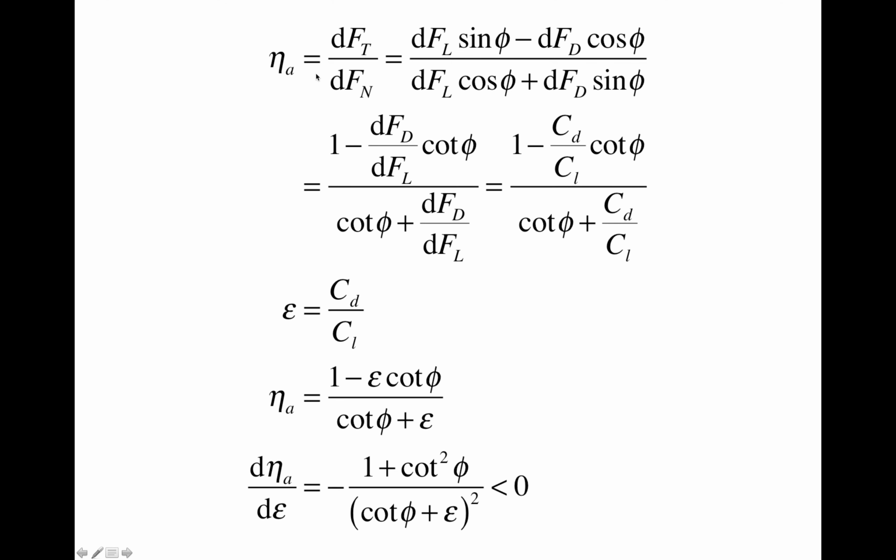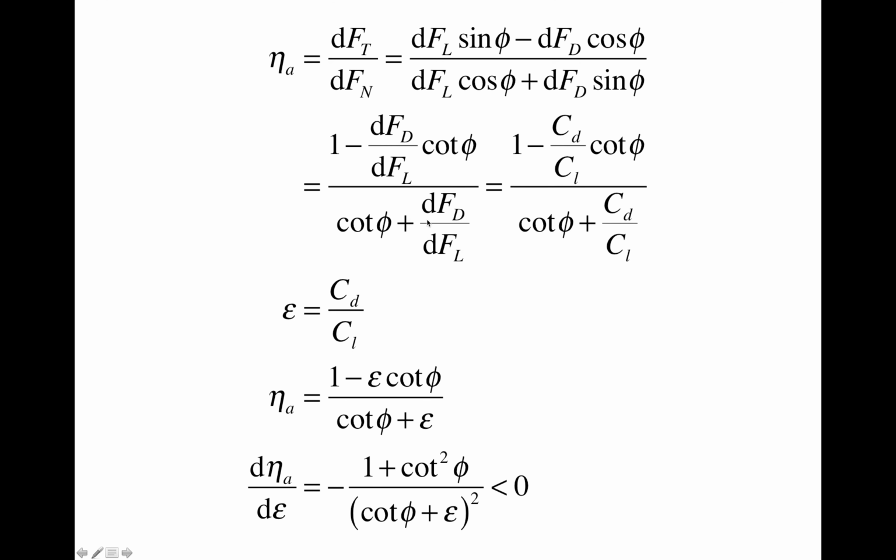So after we bring the expressions for the tangential force and the normal force into this ratio, we do some algebraic manipulations to simplify it. Basically, what we are doing is just dividing the numerator and denominator both by dFL times sine phi. So we get a 1 here, and then you get this kind of ratio, cotangent phi plus the drag force over normal force ratio.